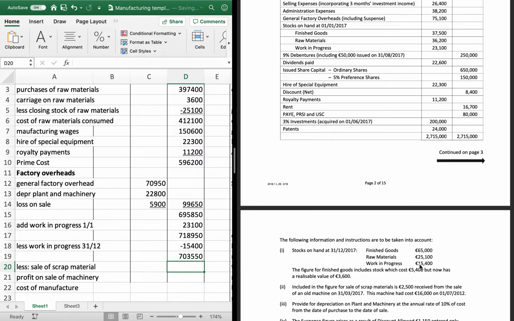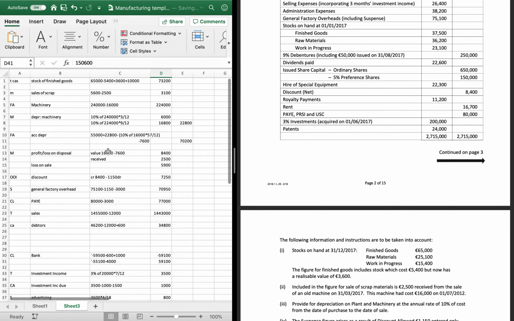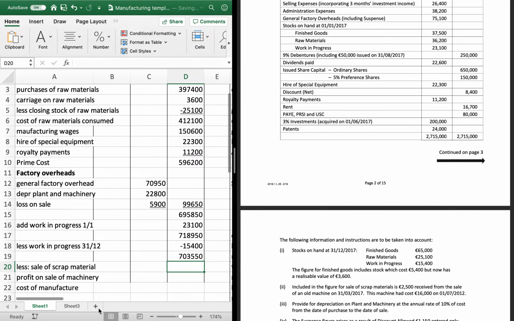Then we've got our sale of scrap material. That definitely had a working for it from the depreciation working, so somewhere near the top. Sale of scrap 3,100. Of course, you could be throwing these in as you do them. That 3,100 gets reduced, so you've got money in, so it reduces your cost of running your factory. If there's a profit on the sale of machinery, that will go in there as well.